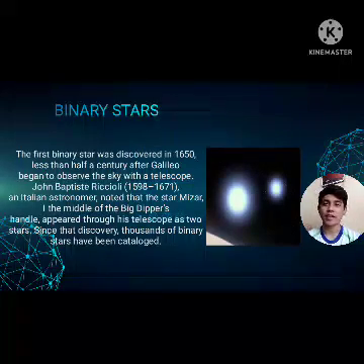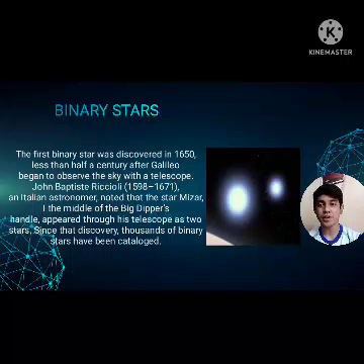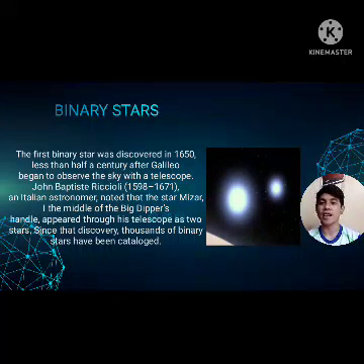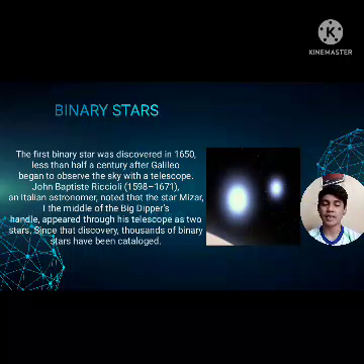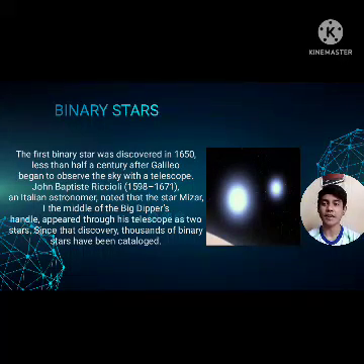So, we'll take a deeper look at the stars that appear in pairs before discussing how mass can be calculated in greater detail. In 1650, a little more than a half century after Galileo began observing the sky with a telescope, the first double star was spotted.